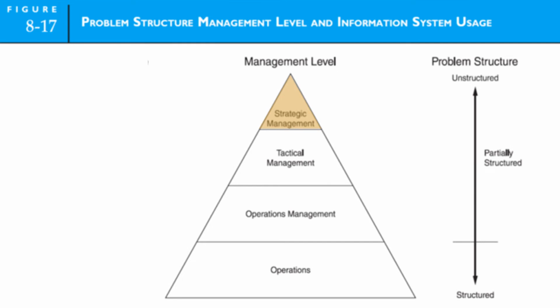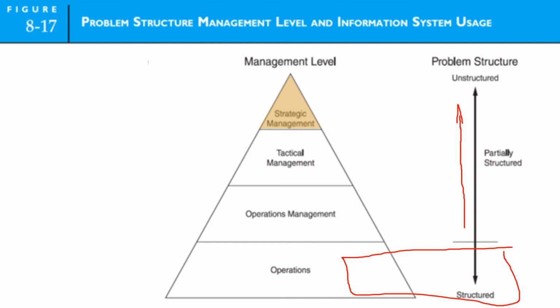So for the problem structure, at the bottom, operations and so on, we can see that the problem on this side at the bottom is a very structured problem, and it goes up to become an unstructured problem.